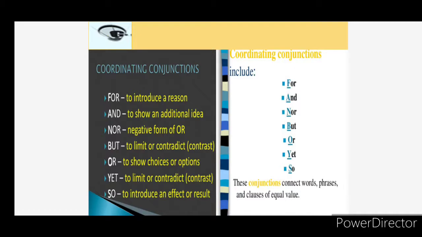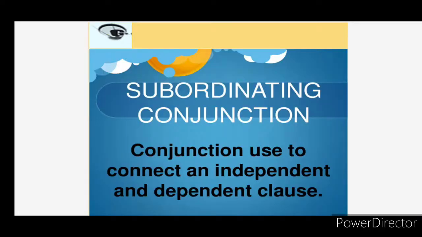Or is used to show choices or options. Yet is used to limit or contradict again, or you can also say contrast, and so is used to introduce an effect or result. So coordinating conjunctions are the conjunctions that connect words, phrases, and clauses of equal value.